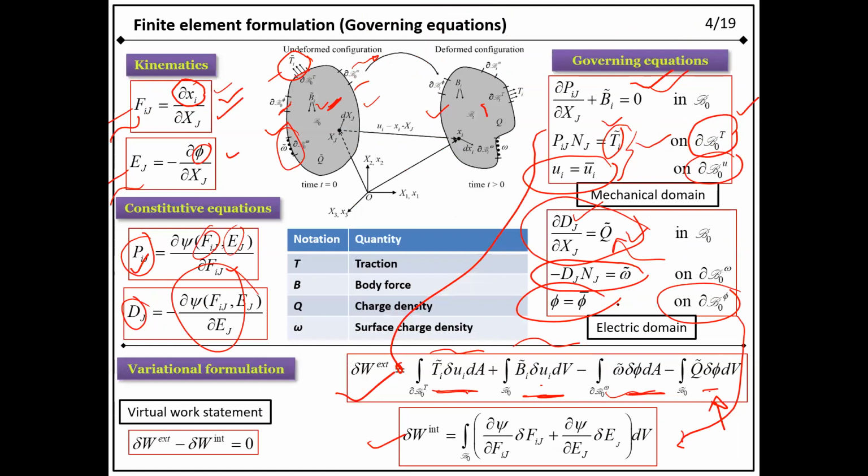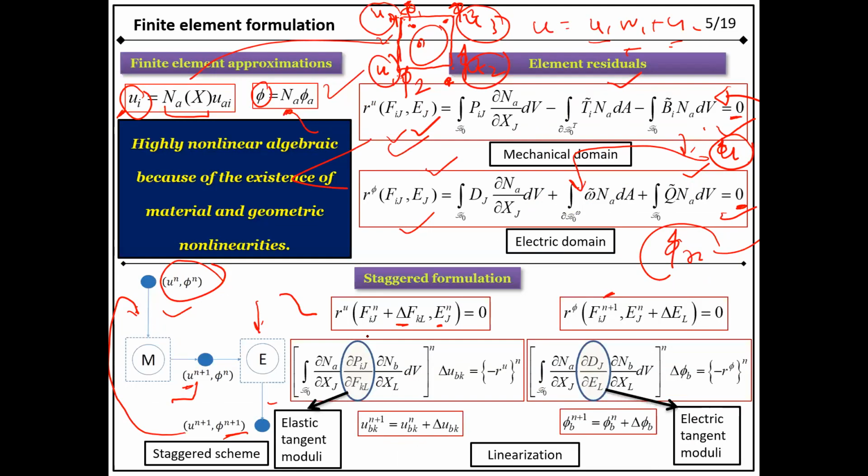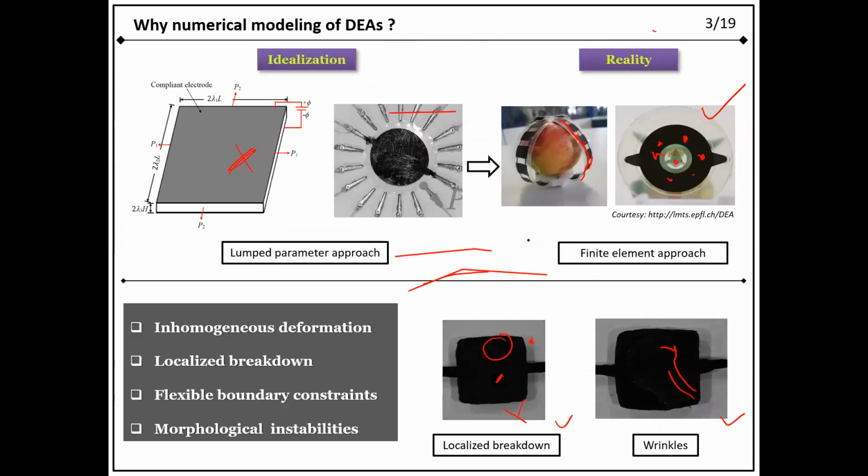The finite element method can be used to tackle the inhomogeneous problem. For example, if we are talking about this lens, we discretize it into a small number of elements, and we can have the nodal values at any point.